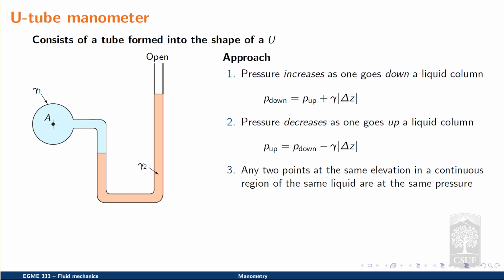For example, if I know the pressure at point 2 and I'm interested in the pressure at point 3, I could argue that these 2 points share the same value in pressure because, number one, they are at the same elevation or vertical position, and between point 2 and point 3, it's the same liquid that connects the 2 points.